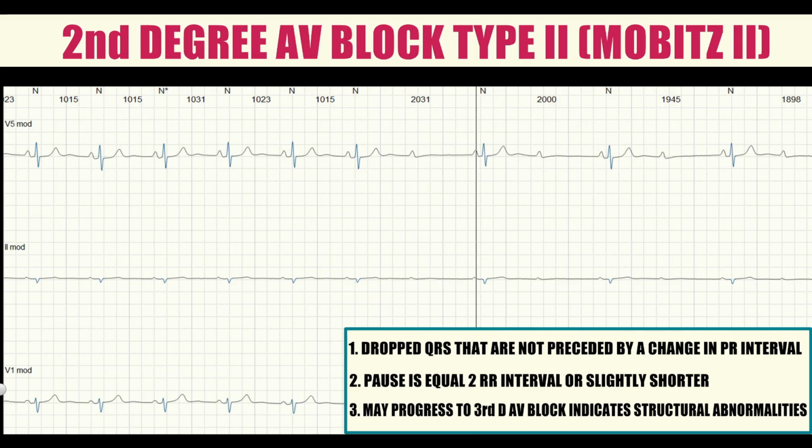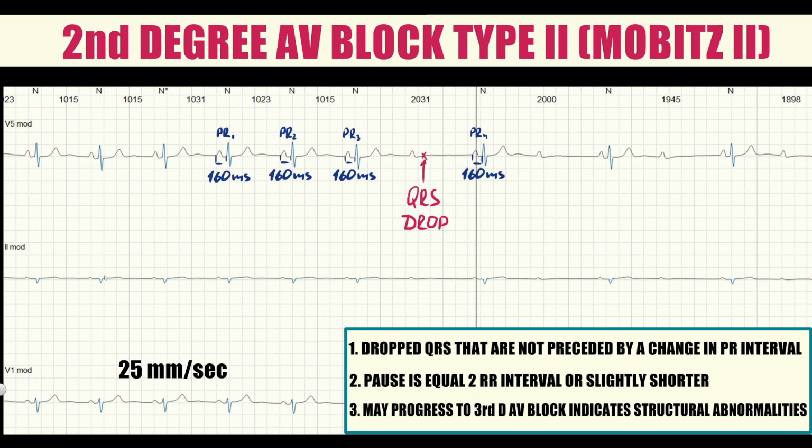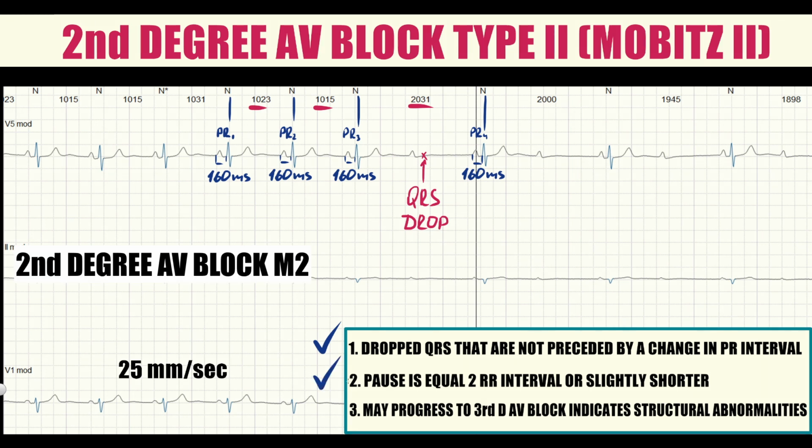Now let's go to a real ECG example. Paper speed is 25 mm per second. We see the P wave without further QRS, so this is QRS drop. PR interval before and after the drop is constant, so the first criteria is present. Pause is almost equal to two previous RR intervals, so this is second degree AV block type Mobitz II.